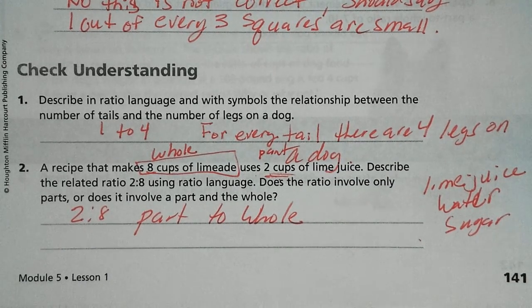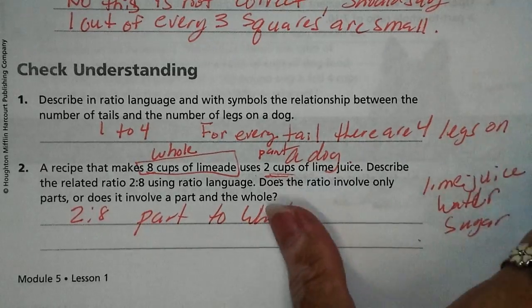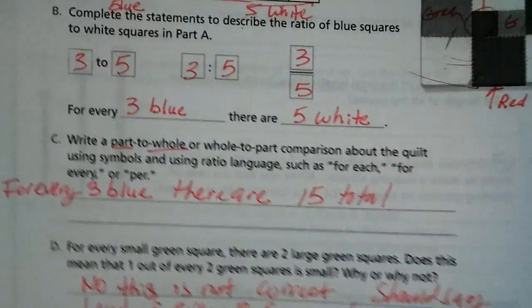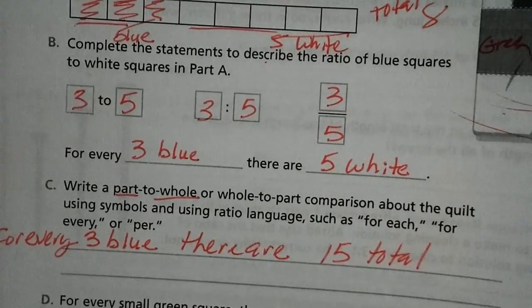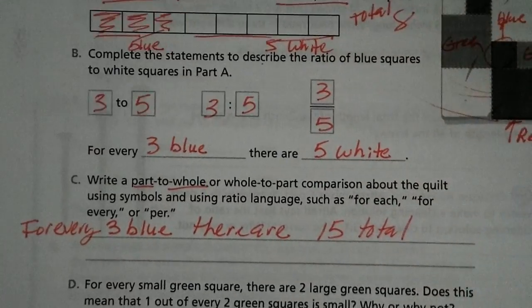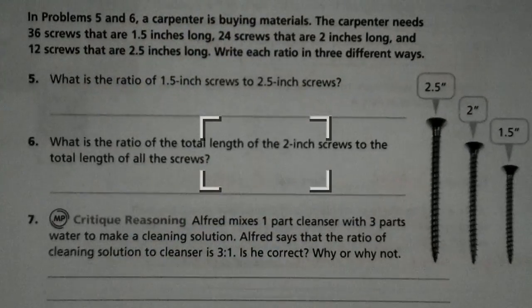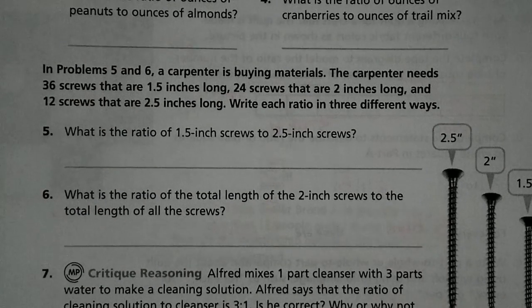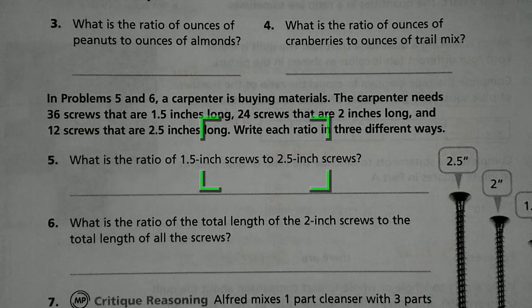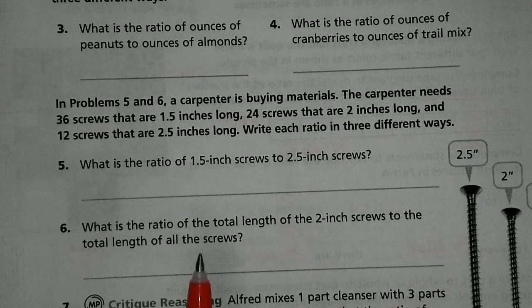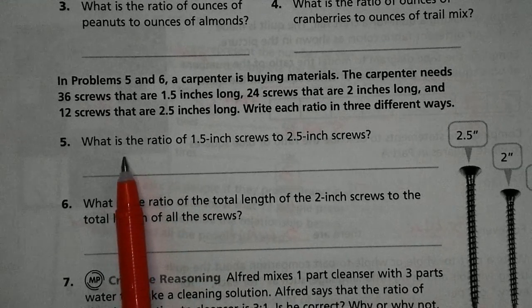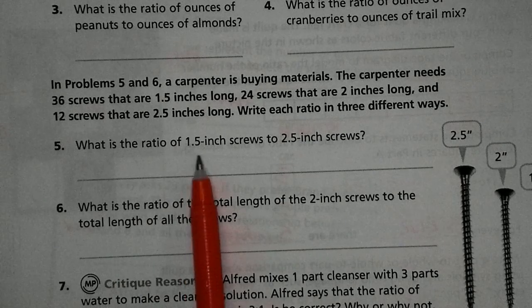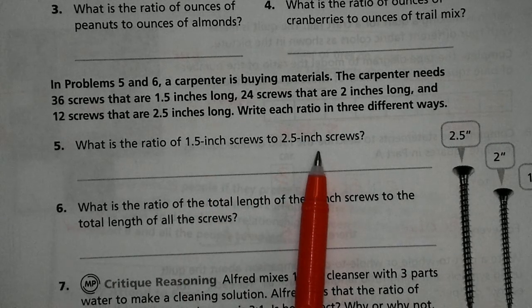All right, so the on your own is very short today. It's only like 5 problems. Okay, so it's 1, 2, 3, 4, 5, 6 problems. I want you guys to work on that now. When you get to number 5, it says, what is the ratio of 1.5 inch screws to 2.5 inch screws?